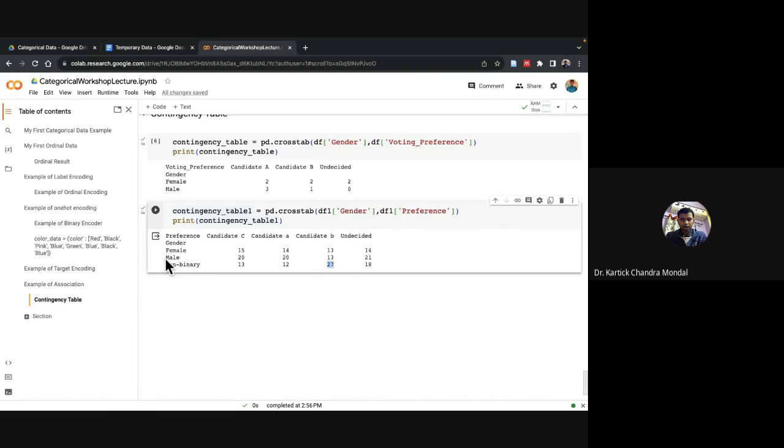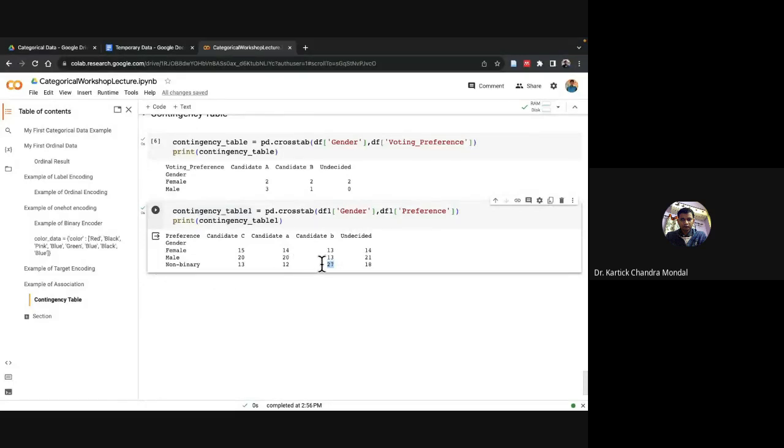So male voters have a very significant role in voting, whether it is candidate A, candidate B, candidate C, or undecided. So the importance of male voters to the candidates is very high compared to female or non-binary voters.